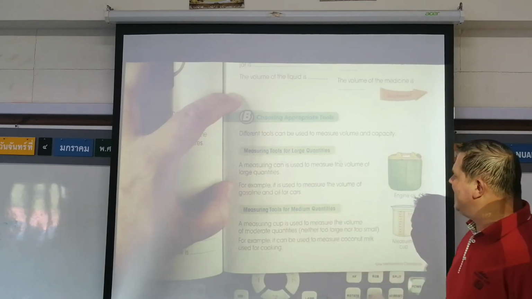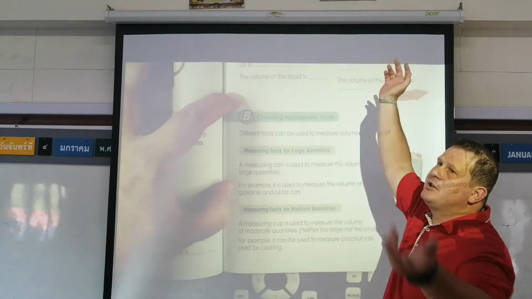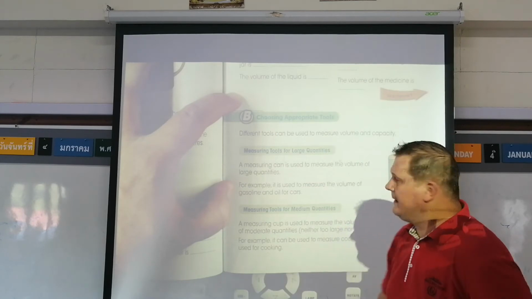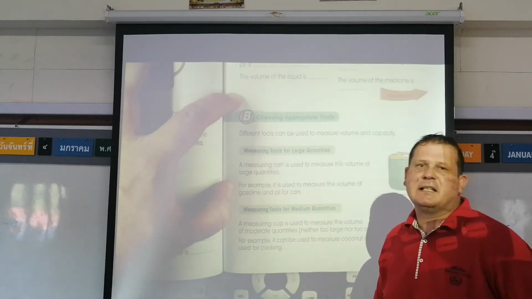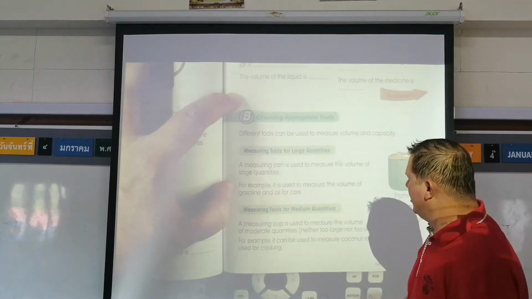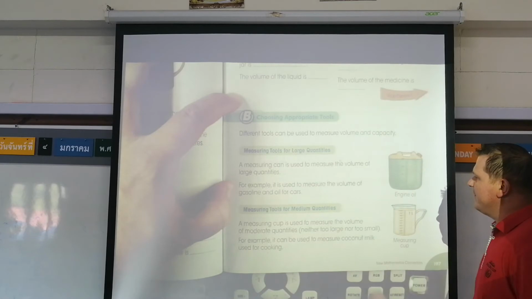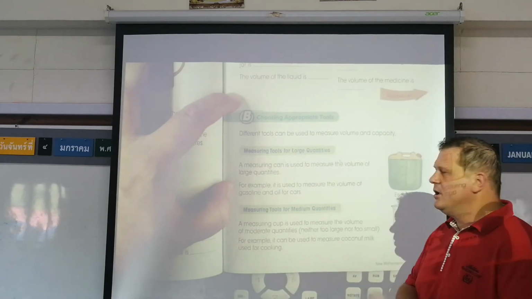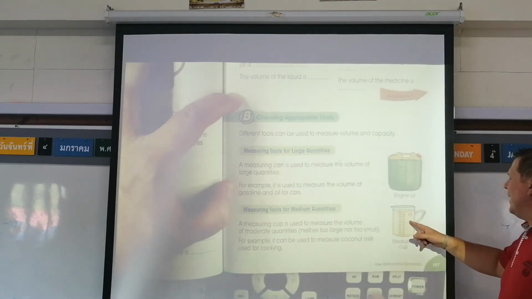Measuring tools for medium quantities, which is not hundreds of liters, but it's not milliliters. It's maybe 5 liters, 2 liters, 3 liters, depending on what we're looking at. A measuring cup is used to measure the volume of moderate quantities. Not too large, but not too small. For example, 2 liters. This contains 1 liter.